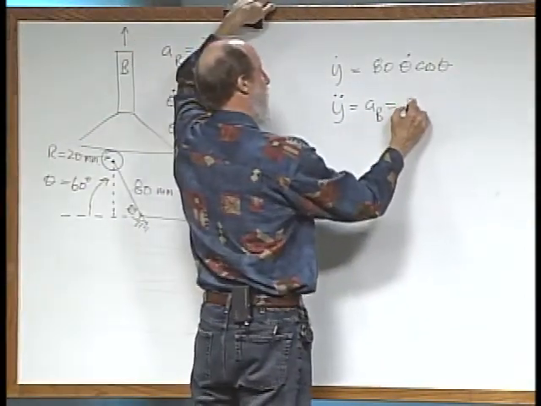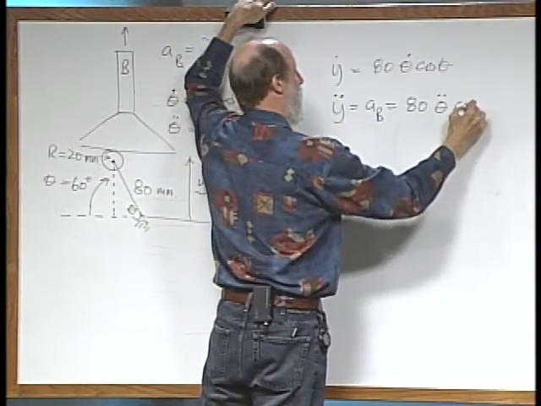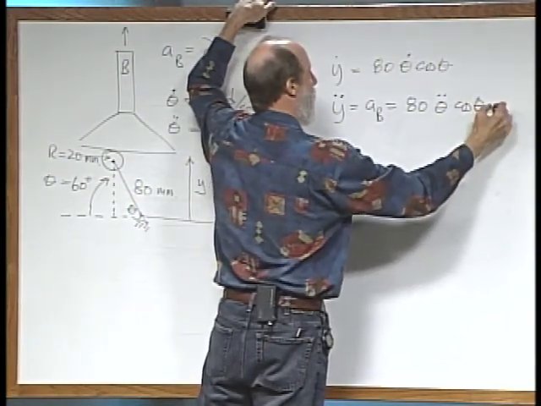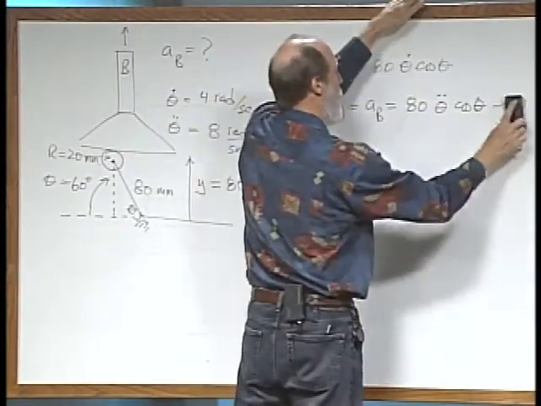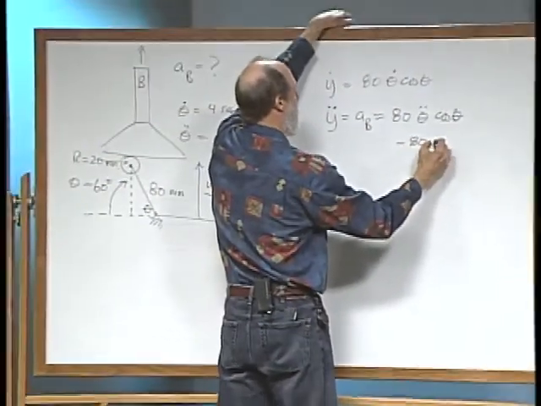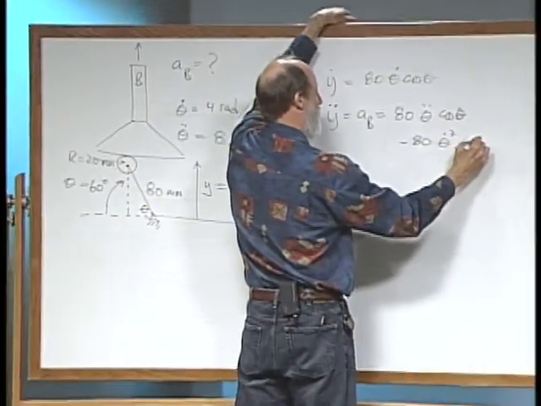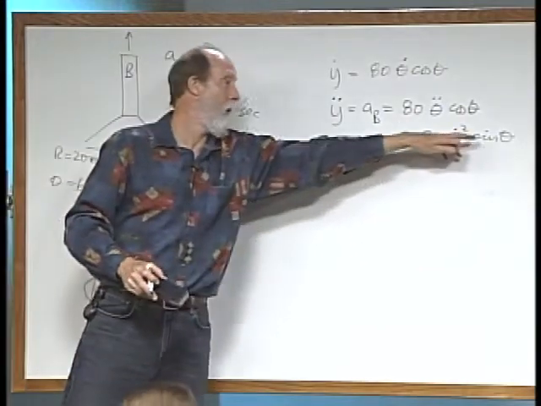So that's going to be 80 theta double dot cosine theta minus 80 theta dot squared sine theta, because again we're differentiating with respect to time.